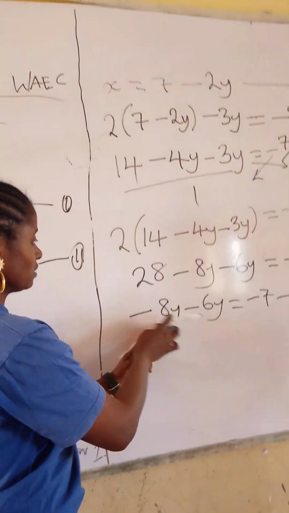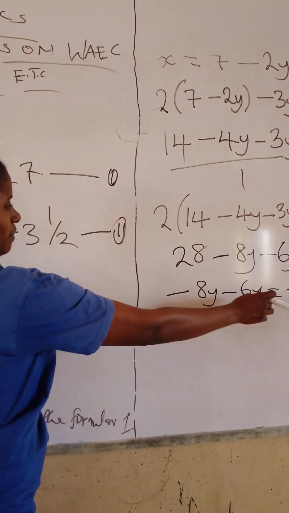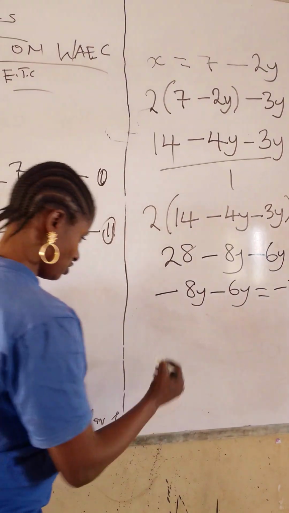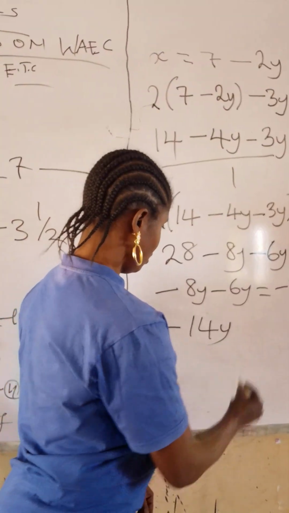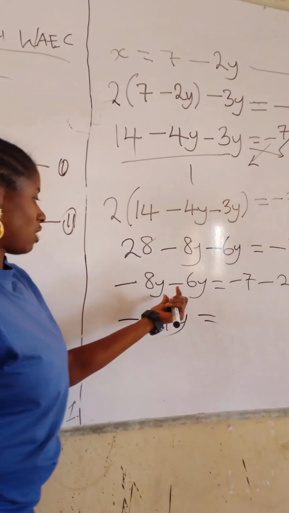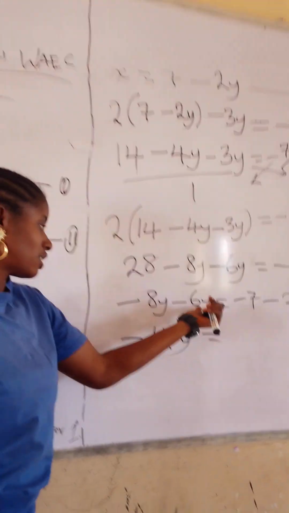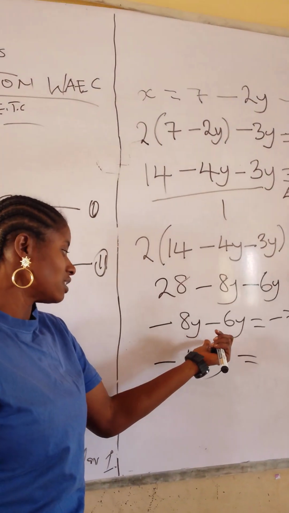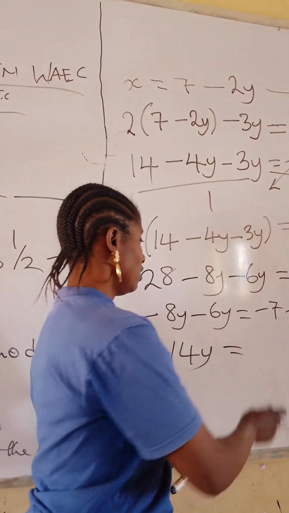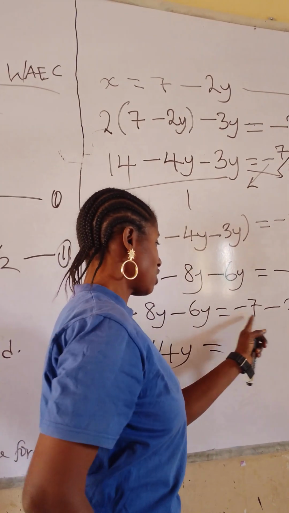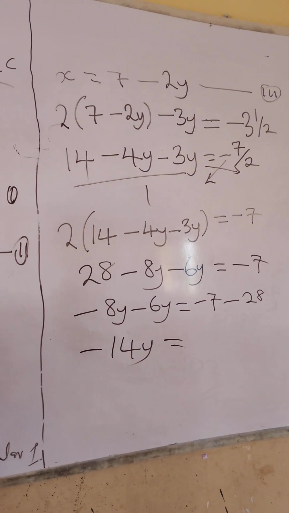Minus 8 minus 6 is going to give us minus 14y, because you are owing somebody 8 naira and you went ahead to borrow another 6 naira. If you add them in total, you are having a debt of 14 naira. Then minus 7 minus 28 is going to give us minus 35.